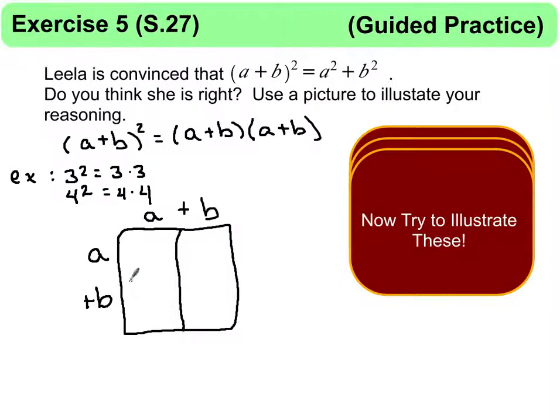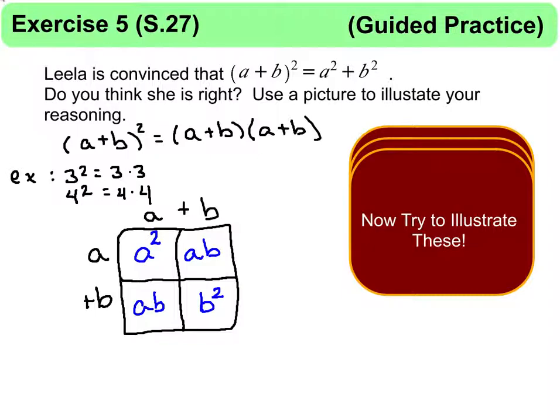And then we'll section off each part like so. And so when the students go in and they multiply, they see a times a, and they'll write a squared. A times b is ab, b times a is another ab, and then b times b is b squared.